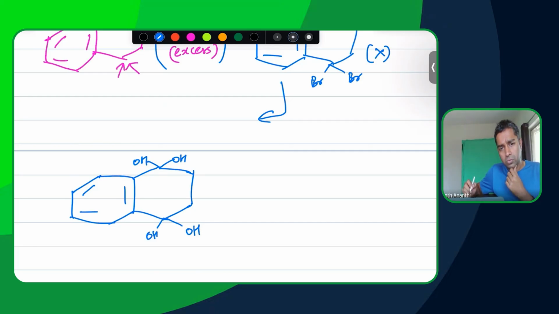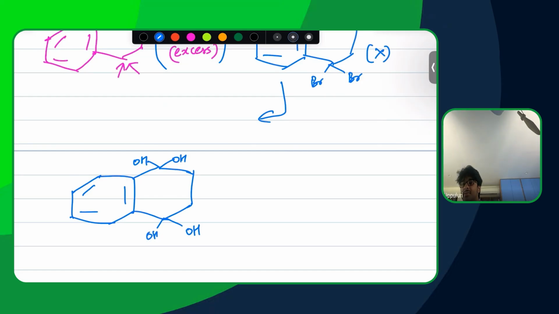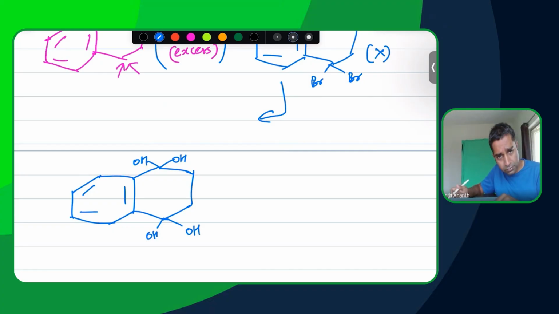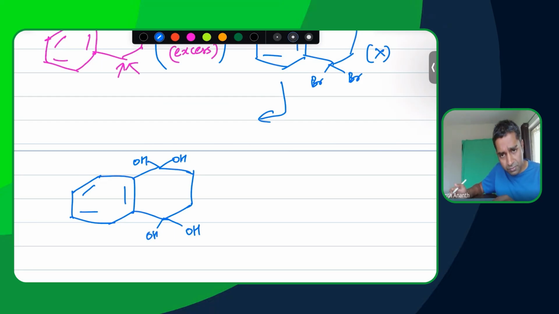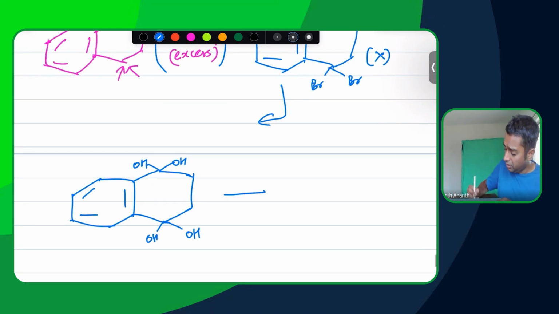Now, do I go with the final? So I guess you can write all the compounds and then see which is unstable. No, I don't need to. I was only checking whether I should directly convert this to the ketone now itself or in the next step.